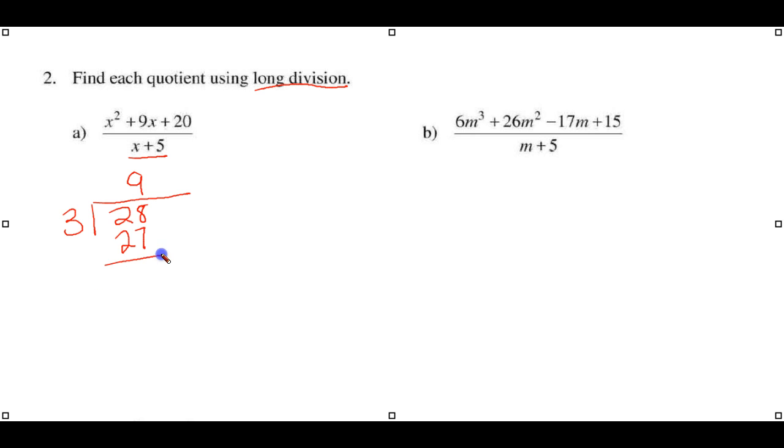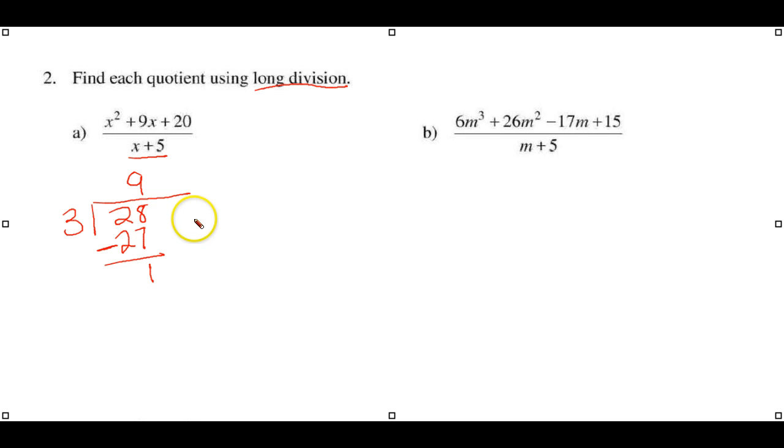Now the key is, what do I do here? Well, I have to subtract. And in algebra, we indicate subtraction by taking this positive 27 and changing its sign. So this is the big difference that we're going to have to do in these. Once we put our subtraction bar here, that we're going to subtract this, we have to change that sign, and we get a 1 there.